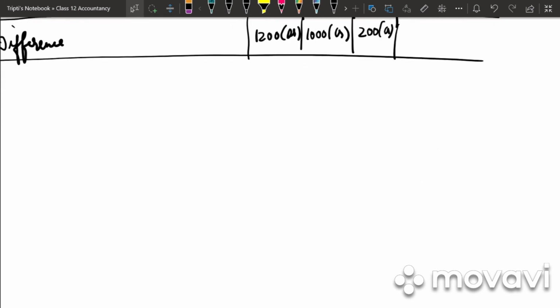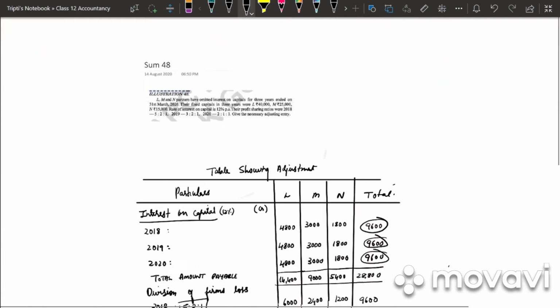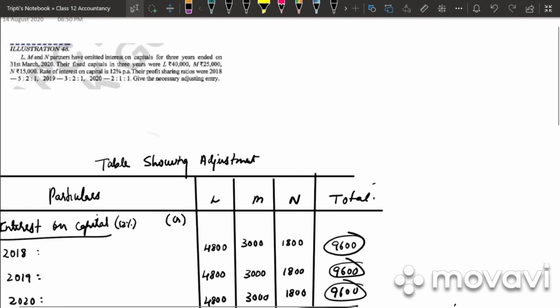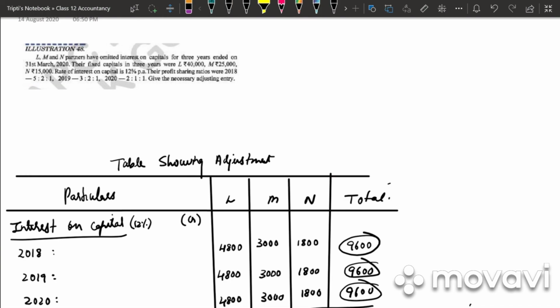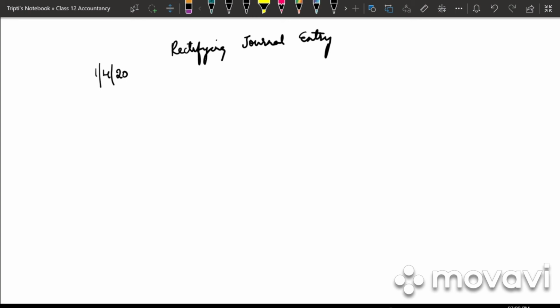So last we need to have the rectifying journal entry. So we have date, particulars, LF, debit and credit. 1st April 2020. In this sum, have they mentioned whether it is a fixed account or fluctuating account? Yes, they have mentioned it is fixed capital. So whenever it is fixed capital, we will be transferring it to the partners' current accounts.